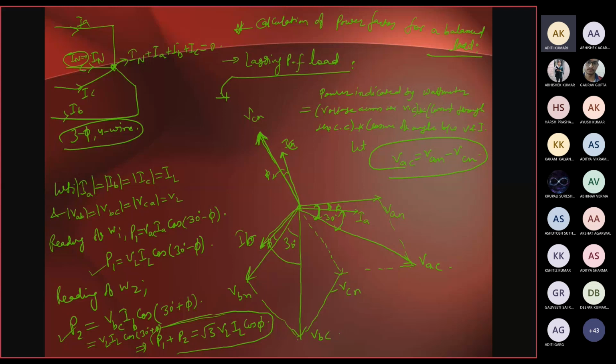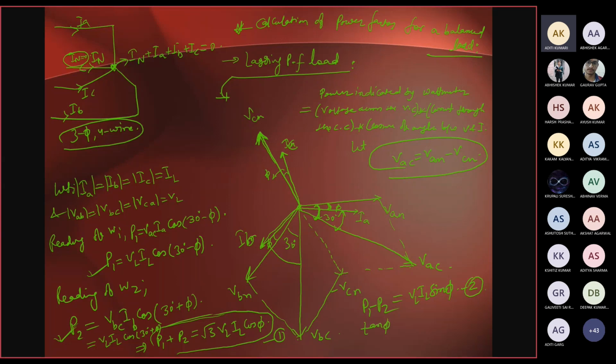Now if you want to calculate the power factor of the load, lagging power factor load, then let us calculate P1 minus P2 also. P1 is known to you, P2 is known to you. So when you will calculate this P1 minus P2, you will get VL IL sin phi. यहाँ से अगर कैलकुलेट करोगे तो ये कर लेना तुम लोग कैलकुलेट. So therefore, using this equation, suppose 1 and 2, you can easily calculate the expression of tan phi.